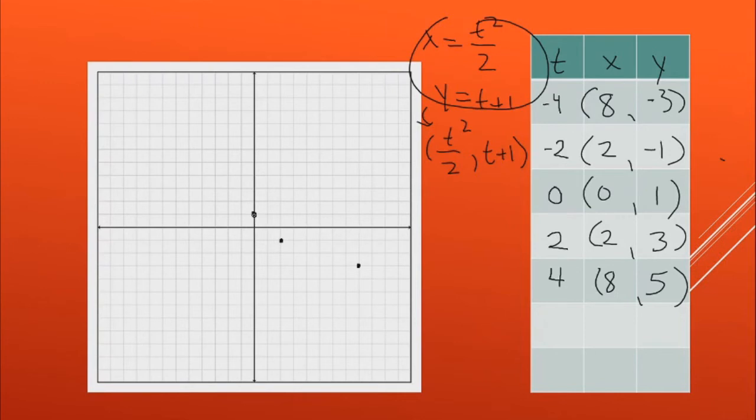That is right there. Our fourth point is 2, comma 3. Right there. And our last point is 8, comma 5. Right there. And do you recognize this shape?